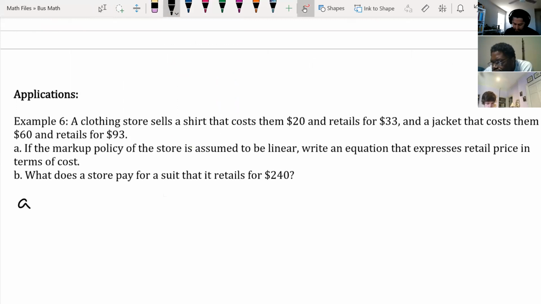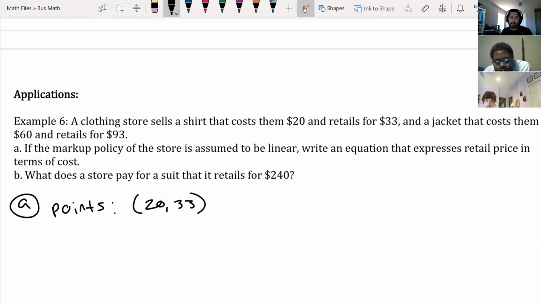So for A, first thing we're looking at are the points. The first point they give us is 20, 33. What is the next point they give us? 60, 93. Good. They're giving us 2 points.